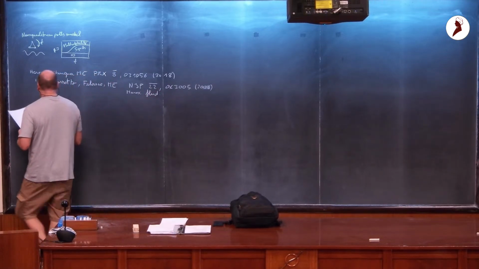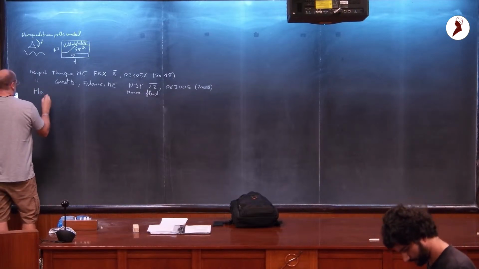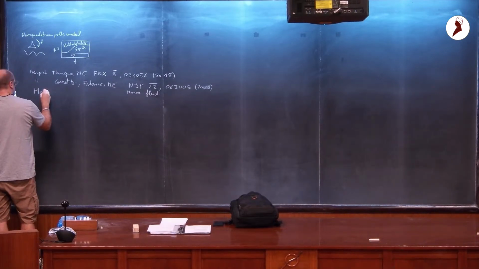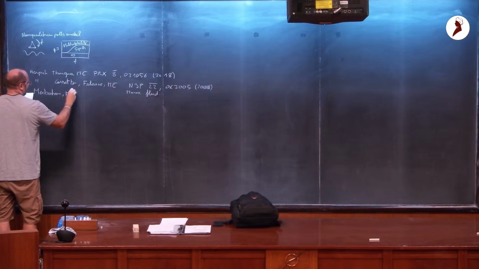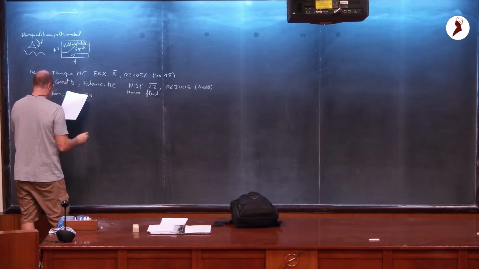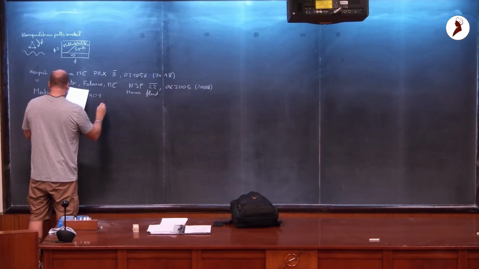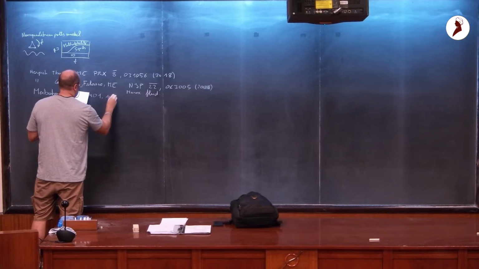And more recently, with my postdoc, now he's in Berlin, Maibaum, and myself, this is on arXiv. It has been accepted in PRE, but I give you that. It's not yet published.